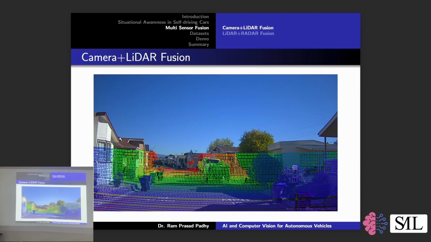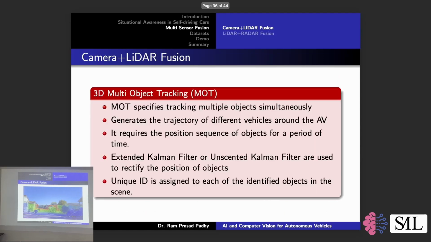Because if there is no space, some point cloud would be visible over here, right? Now that we have fused the data, even in the LiDAR plane, meaning these points, we are getting some free space. But when there is a building, it is able to detect the point cloud. So that means we have fused the data between camera and LiDAR.